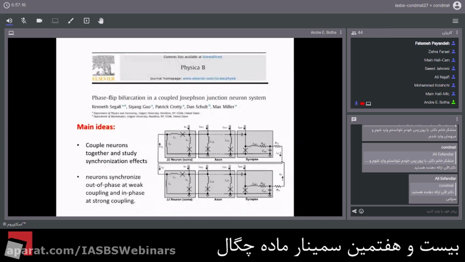Again, they only considered 2 neurons in this particular paper, and all of it was through simulations. They found that basically the neurons synchronize out of phase when the coupling is weak and in phase when the coupling is strong. That was the main finding of this work.